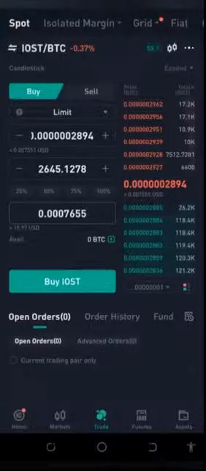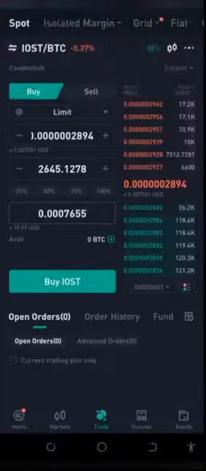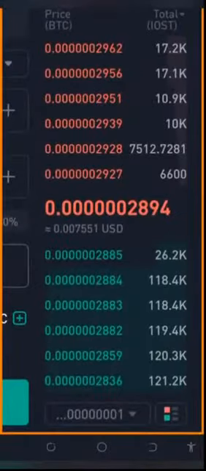2,645 pieces. Now, one of my subscribers sent me a message saying that now he really understands what this means. Before he was looking at this order book as being in dollars or in USDT, like when it says 26.2K, it means 26.2 thousand USDT.